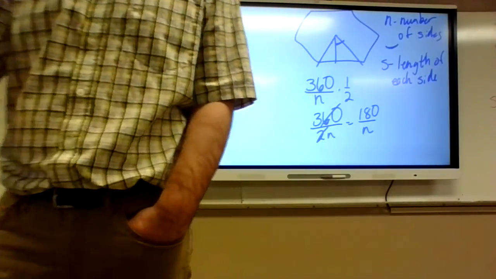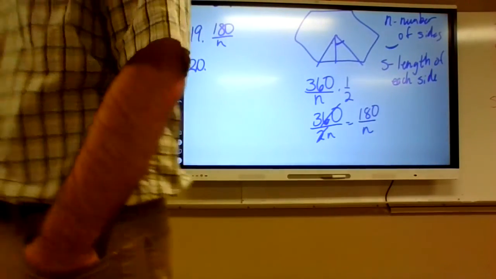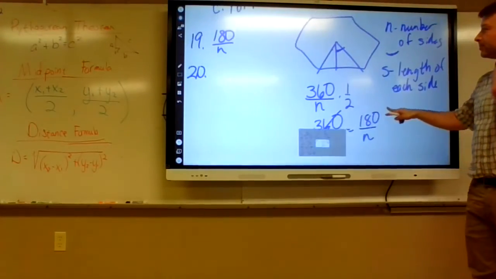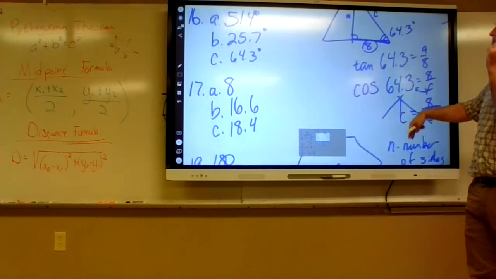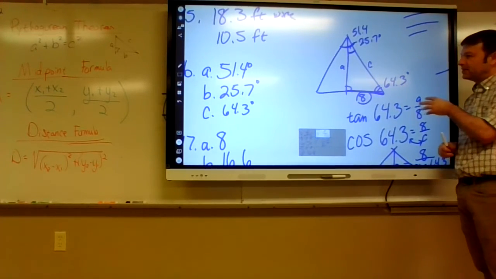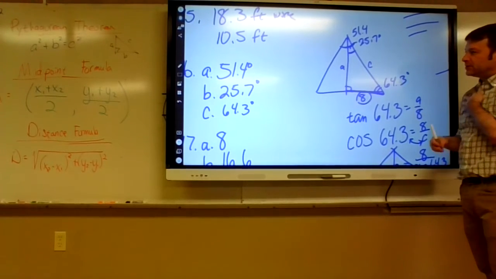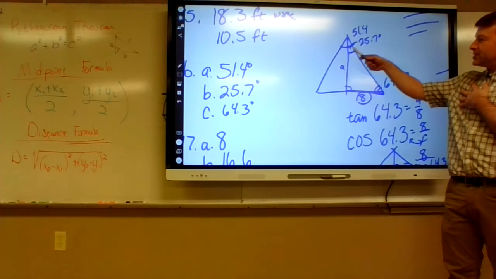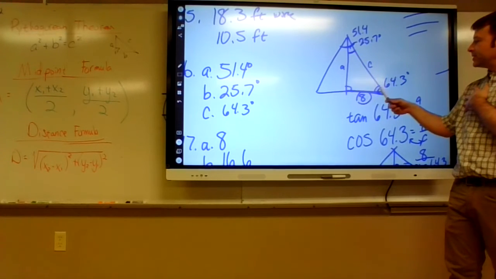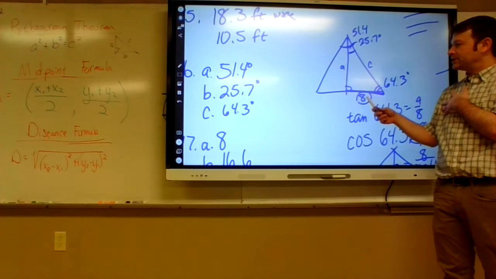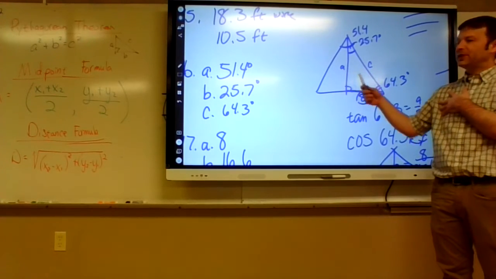Let's see. 20 says find the length of the apothem. To find the apothem, we did this a minute ago. We basically use this angle, and then we did tangent of the angle equals a over 8.